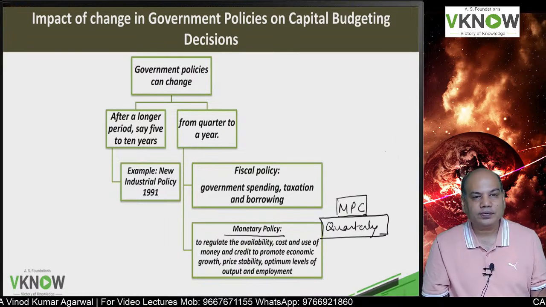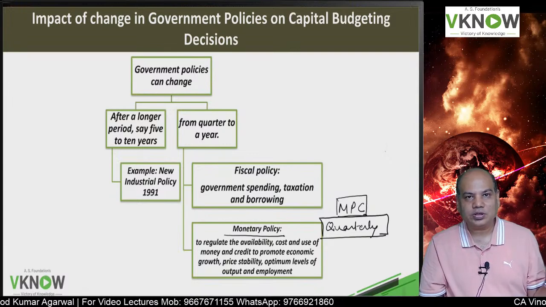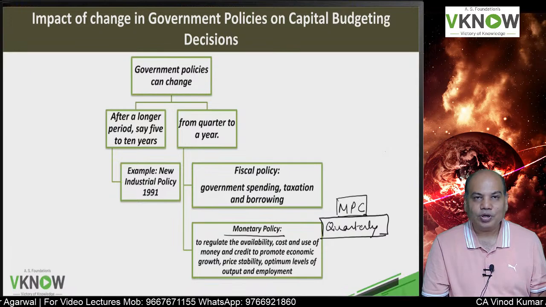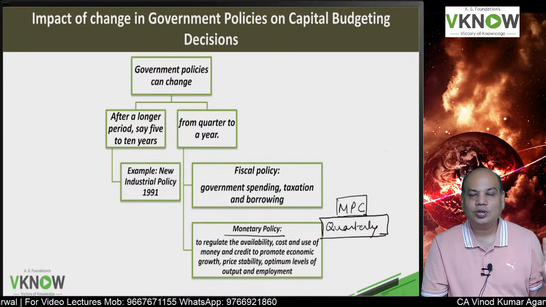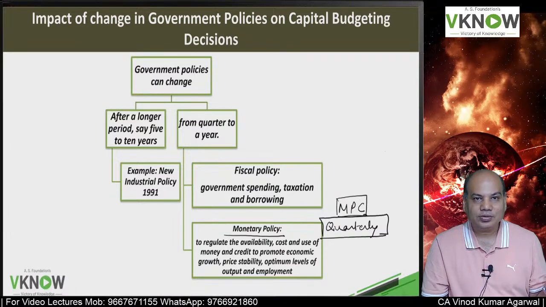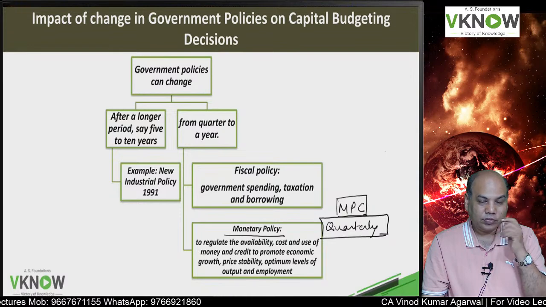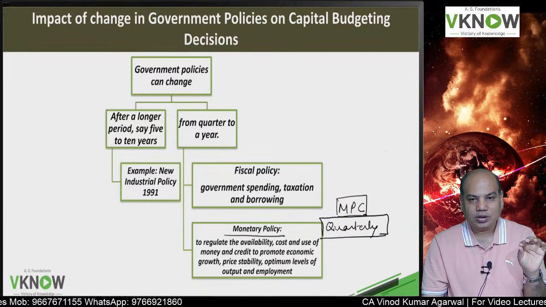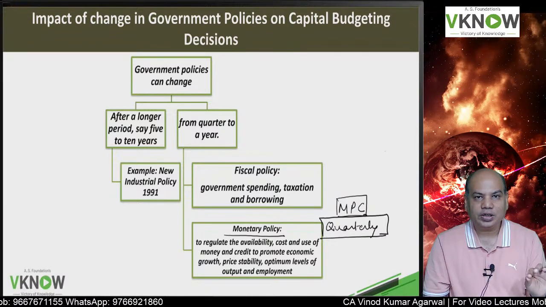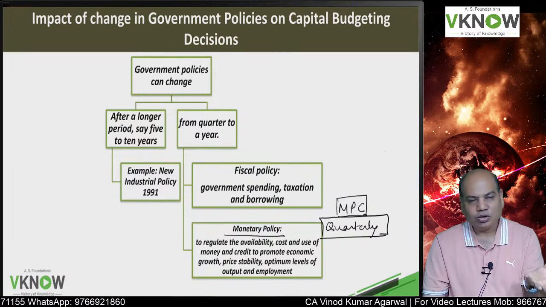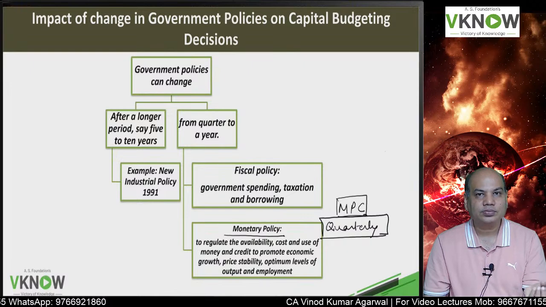The purpose of all this monetary policy is to bring price stability, generate employment, generate growth, make credit available, and impact the liquidity in the economy. The problem is, if they increase the repo rate, the interest rate goes up and your cost of capital goes up.